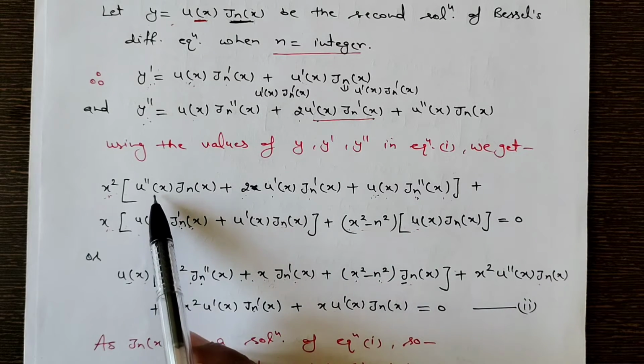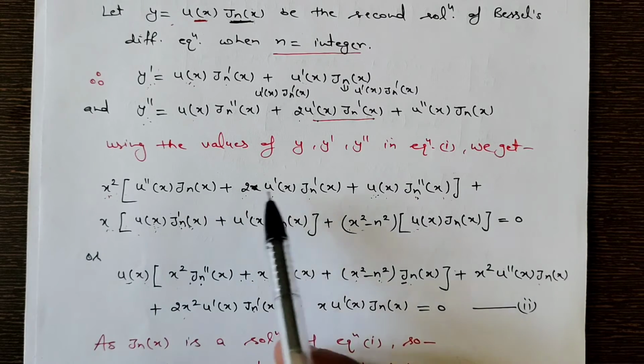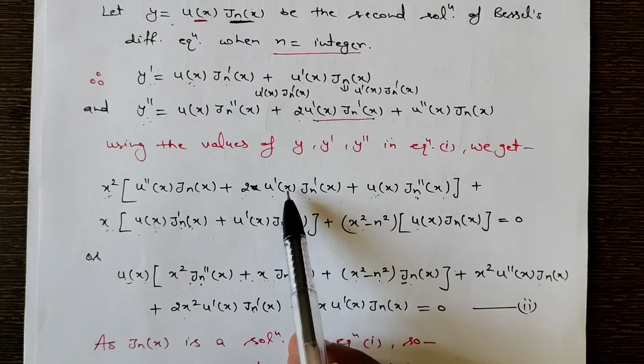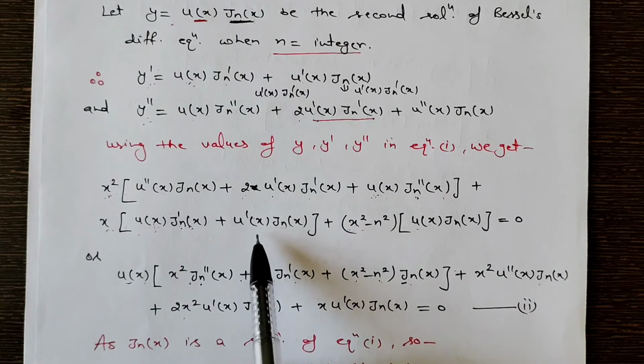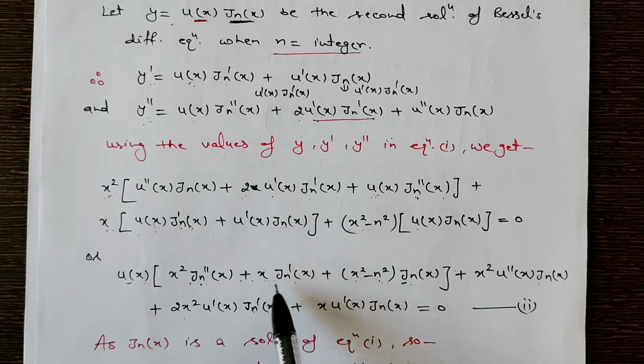Plus now just write the remaining terms. The remaining terms are this first term, this one, the second term, and this term. All the remaining terms had not been considered in the first expression inside the bracket.